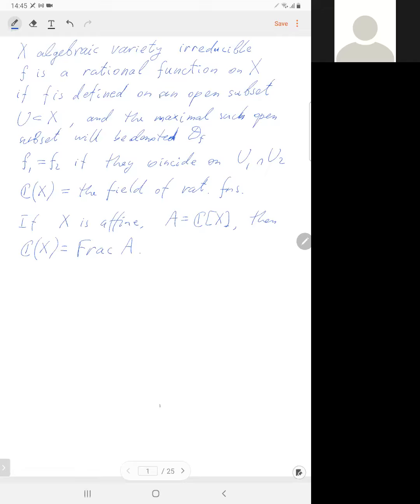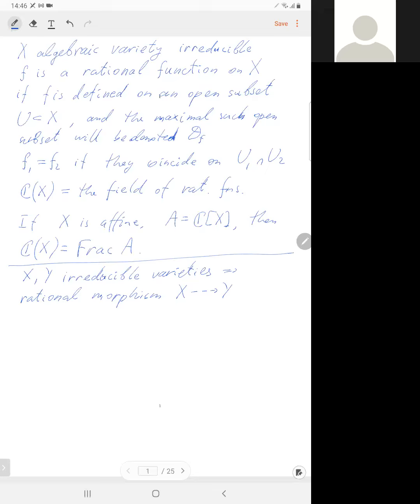Okay, so if I have two irreducible varieties, X and Y, then there is a notion of a rational map or rational morphism from X to Y. It's in the same way as functions.